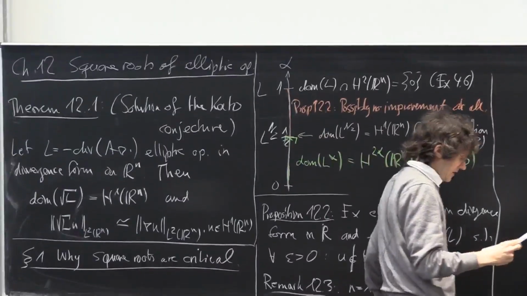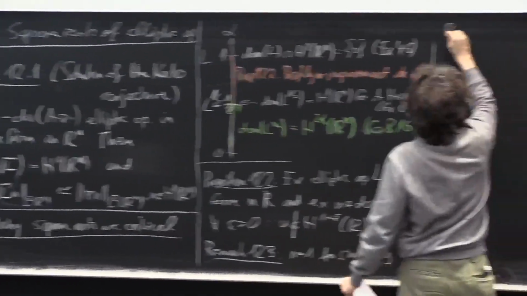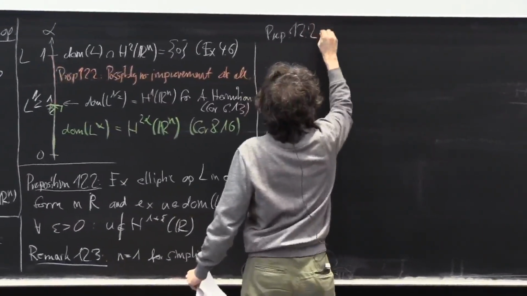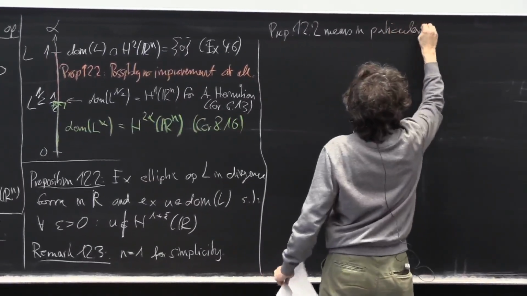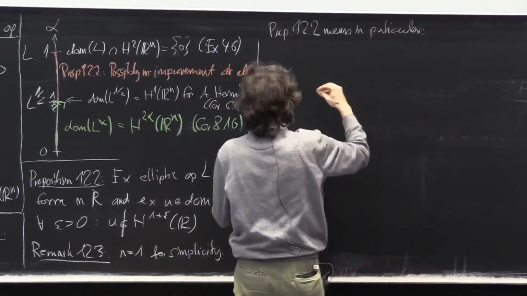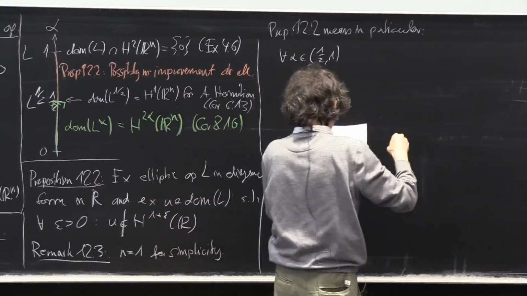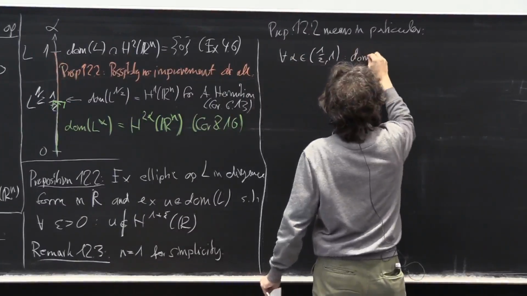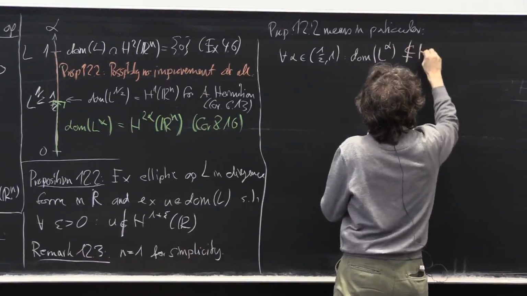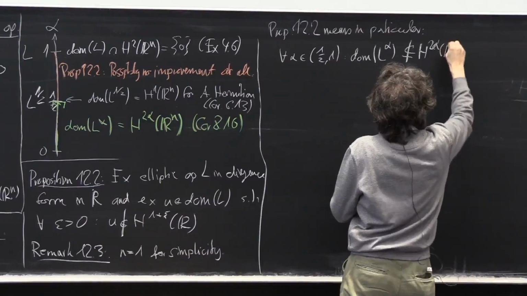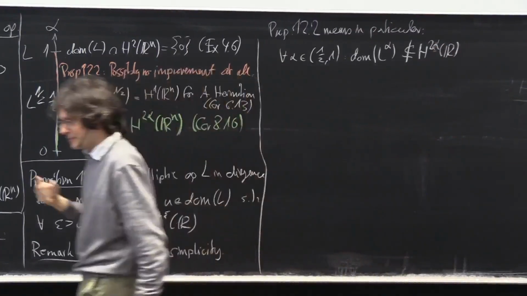Okay. So what this in particular means, I should write this down. Proposition 12.2 means in particular that for every alpha between 1/2 and 1, the domain of L to the alpha is not contained in H2 alpha of R. So this is what the drawing is about.